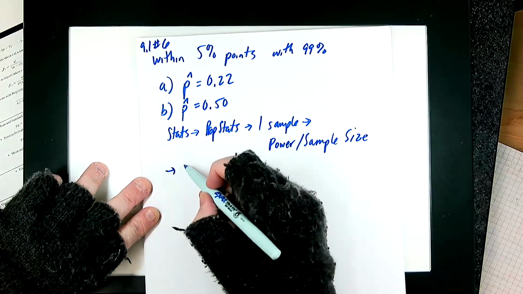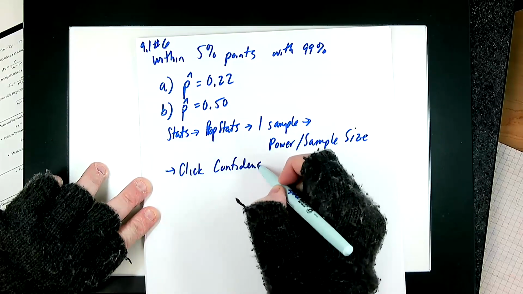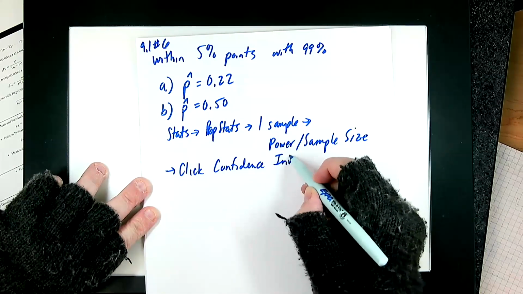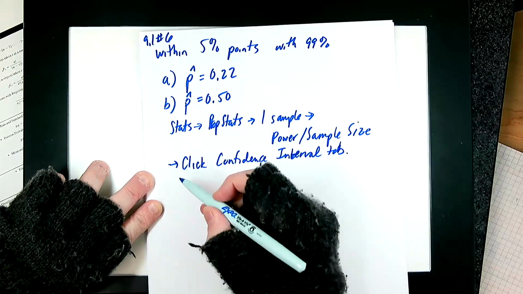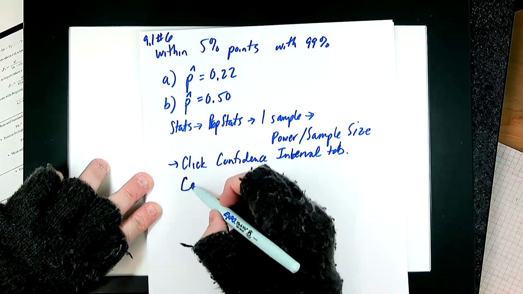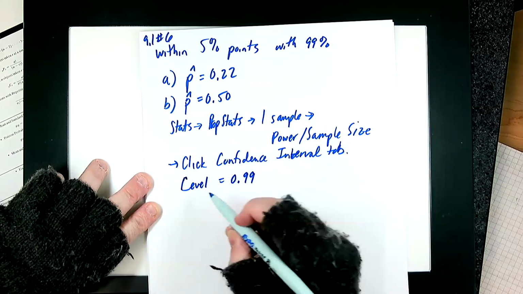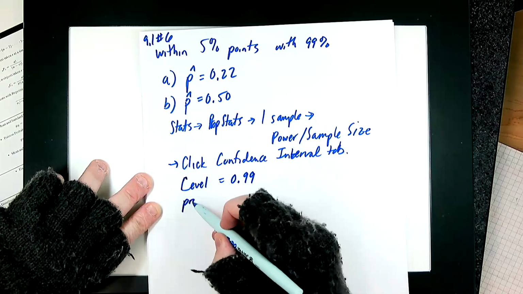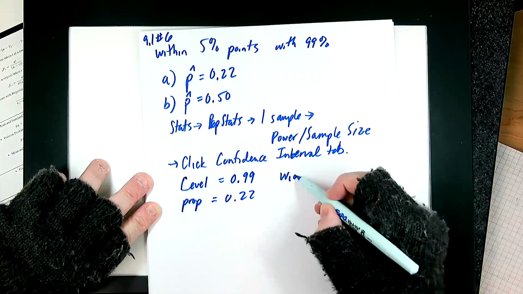And you click on the confidence interval tab and enter your confidence level, which was 0.99. My proportion is going to be, for part A, 0.22. Then it asks width.